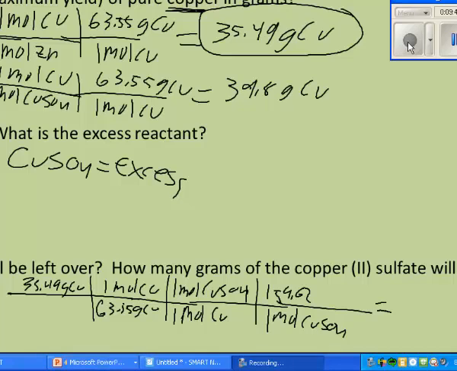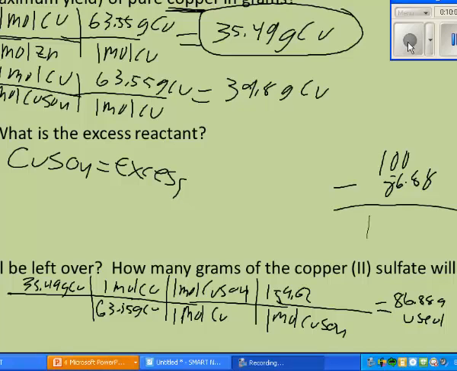Will give you 86.88 grams used. So you had 100, you used 86.88. That leaves you with 13.12 grams left over for the copper 2 sulfate.